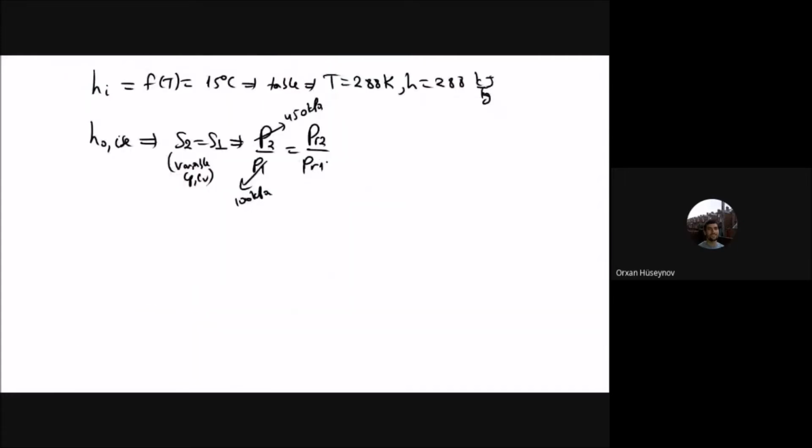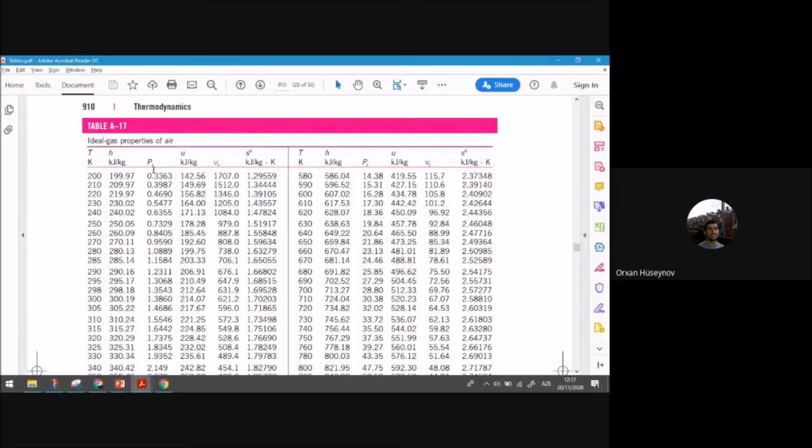And the PR1 and the PR2, so I can find the PR1, that this one is okay, because if you go back to the table here, you can see PR values are given with respect to temperature. If you know the temperature, you can find the PR values. Therefore, I know the temperature at the beginning of the process, which is 288.